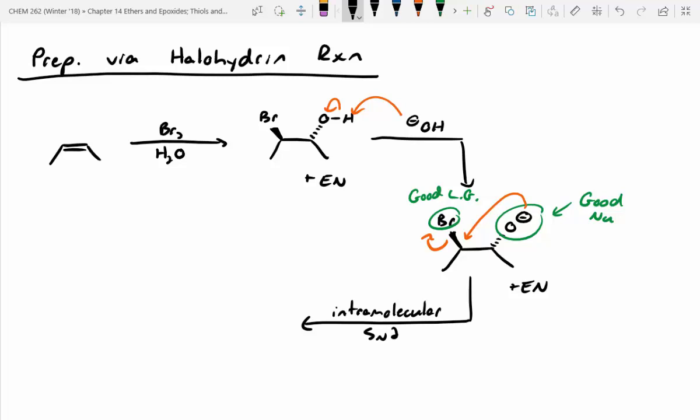And when you do this, you'll end up with your oxygen as a bridge, and so this would be your epoxide plus your enantiomer. So you could show those both as dashes or wedges, doesn't really matter, and you'd end up with your epoxide.